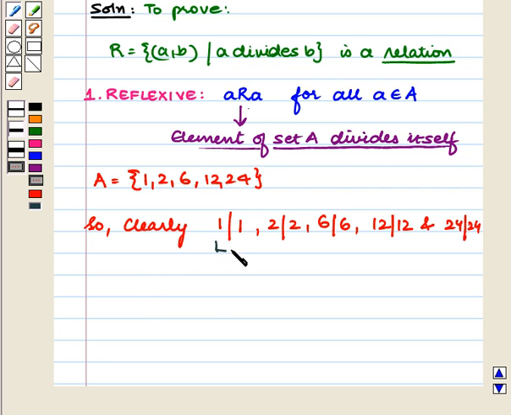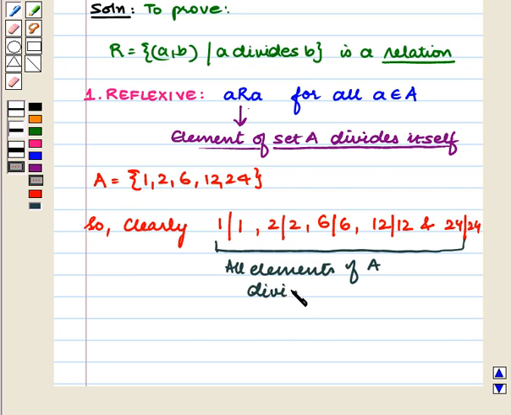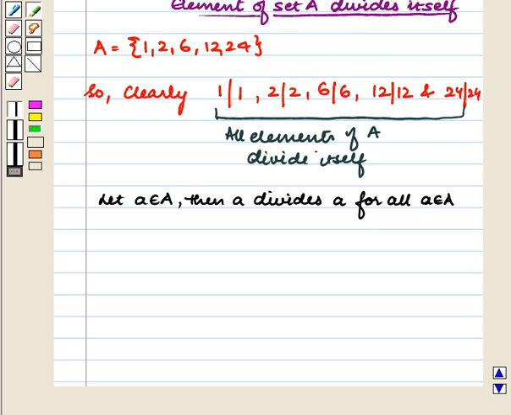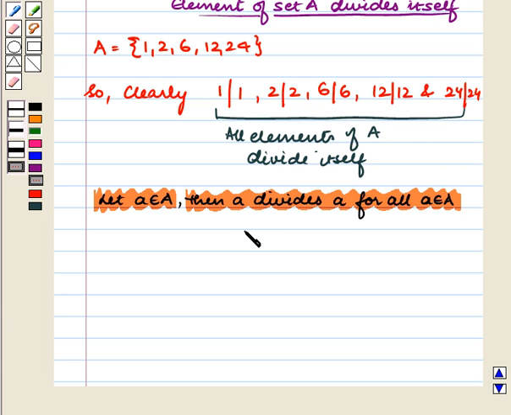So, all elements of A divide themselves. So, we may write, let a belong to A, then a divides a for all a belonging to set A. So it is reflexive.